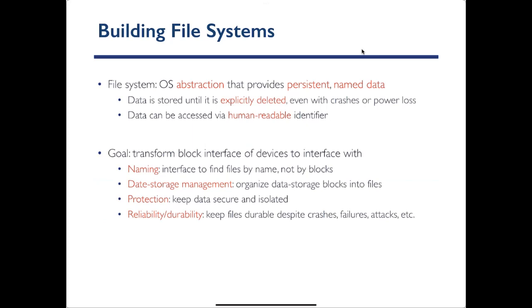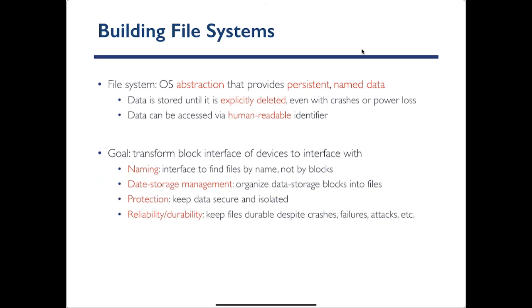The data should be human readable, right? Sorry, the names of the files have to be human readable. So we can't use, I don't know, FFCB stuff for addressing our files. We want to give them names that people can use.